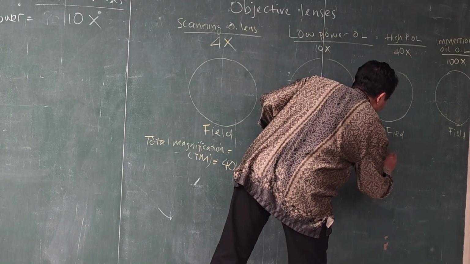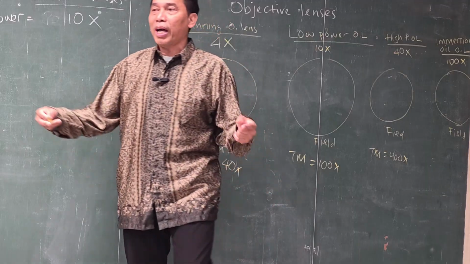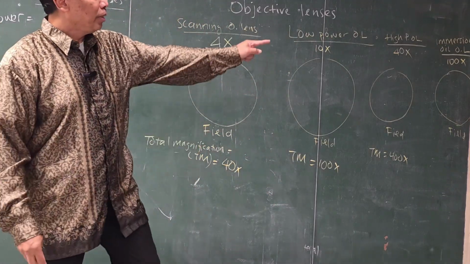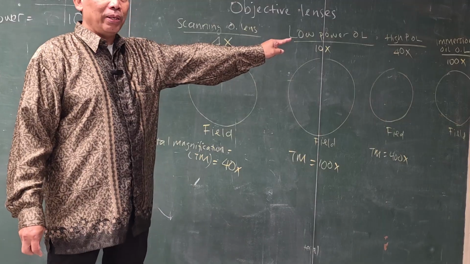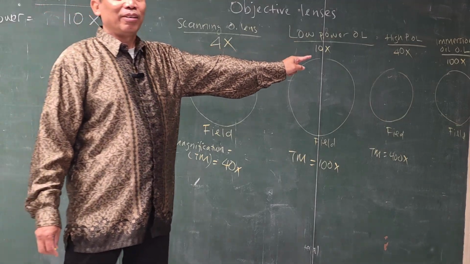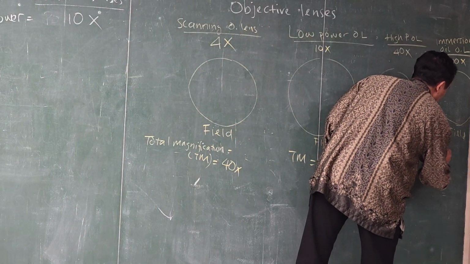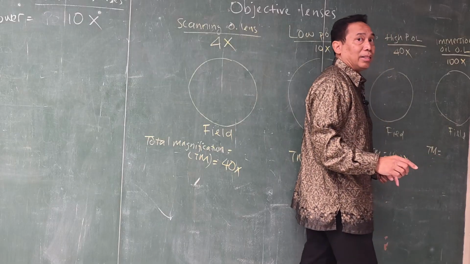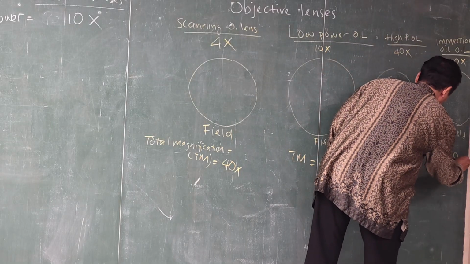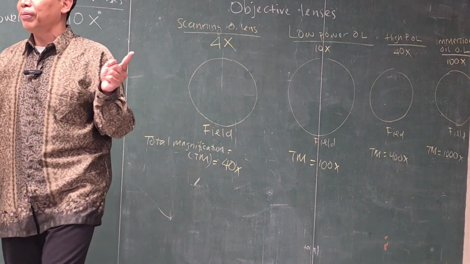The TM will be 400. It means that the object now is 400 times bigger than the original size. If you use the immersion oil lens, what is the TM going to be? 1000. Right? 100 times 10, which is 1000. Can you understand this one?